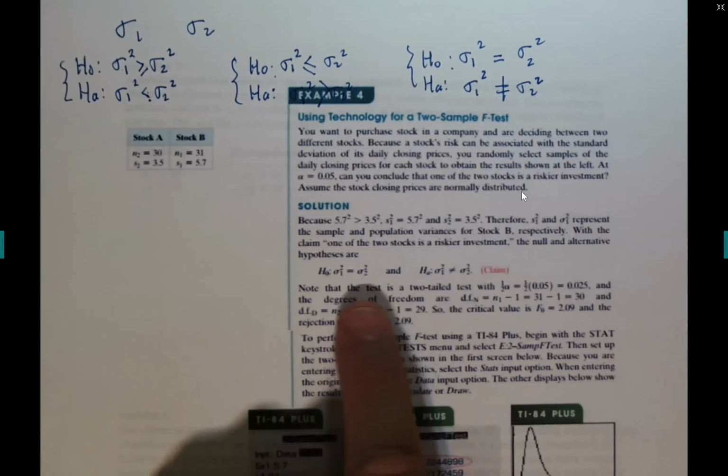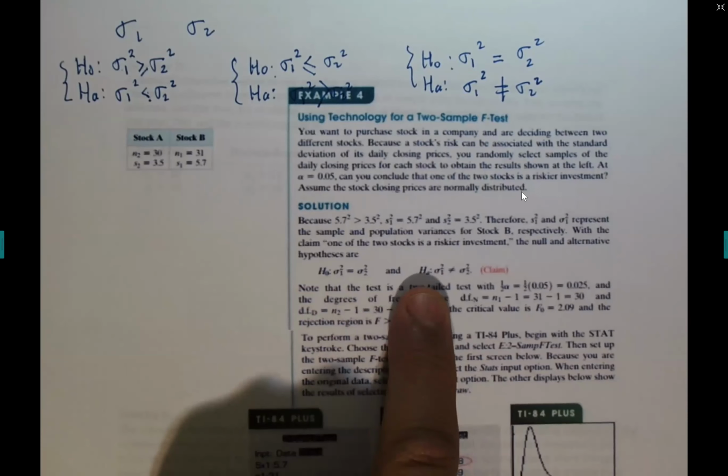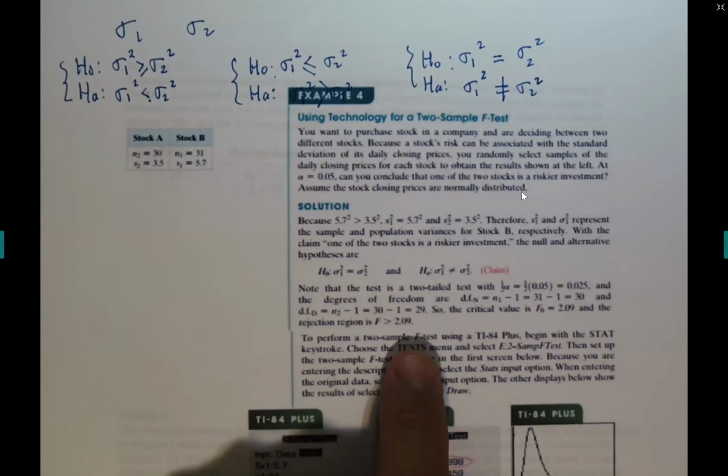He selected sigma 1 squared equals sigma 2 squared and sigma 1 squared not equal to sigma 2 squared. Well, when he says one stock is riskier than the other, he didn't specify which stock is riskier than the other. So we don't know whether it is stock A or stock B. So that means all we need to know is that they are different from each other.